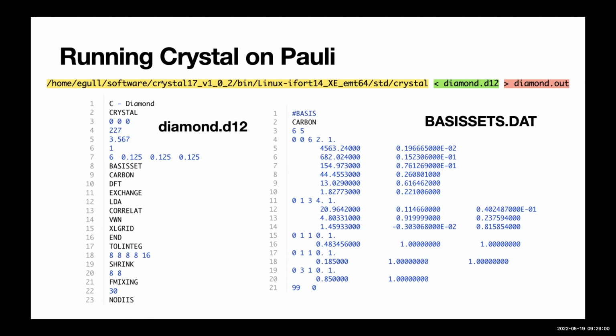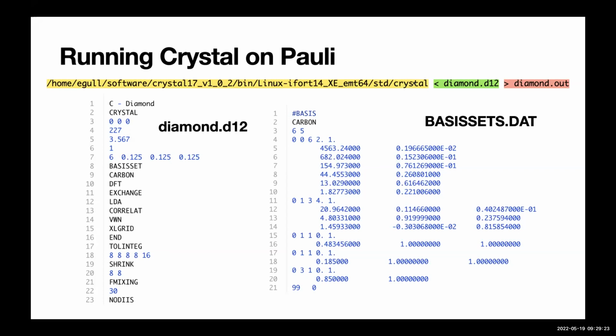I'm not 100% sure if this path is still available because obviously things can change. This is actually in Emmanuel's directory. So look for this crystal executable. This is the executable that you'll be using to submit the job.